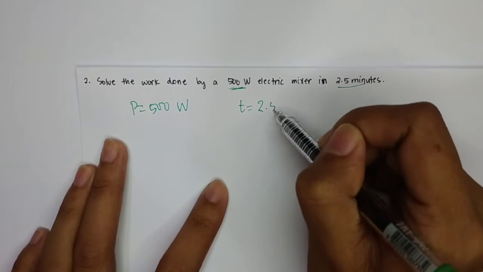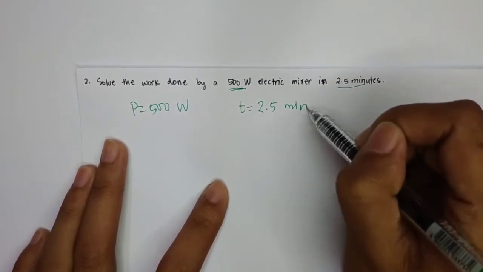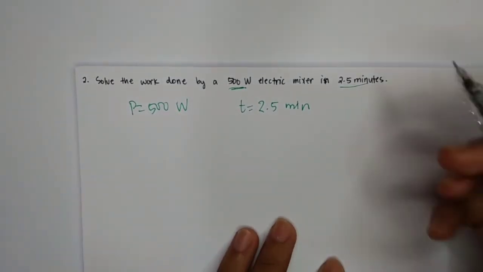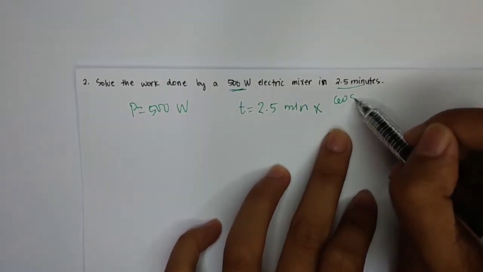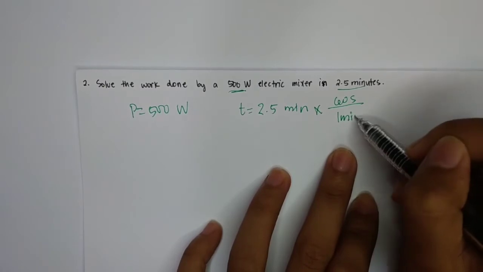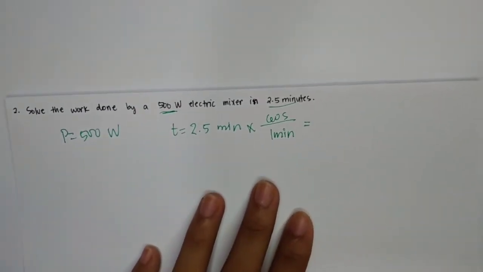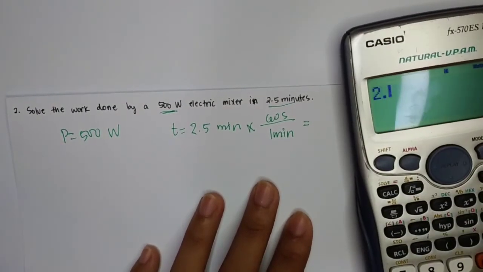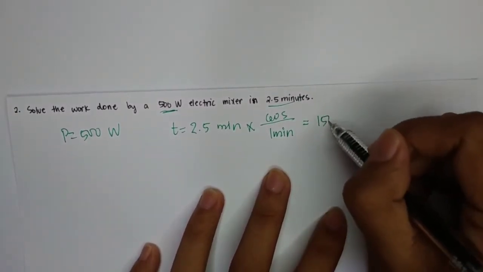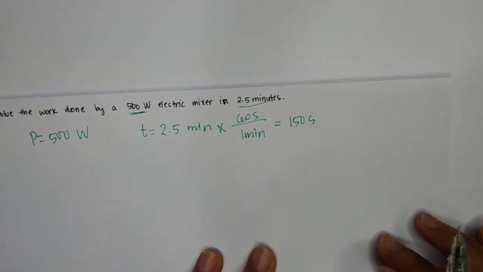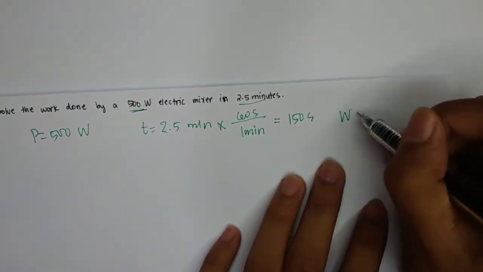We convert this again to seconds, so times 60 seconds over 1 minute. 2.5 times 60 is 150 seconds. Then our work is unknown.